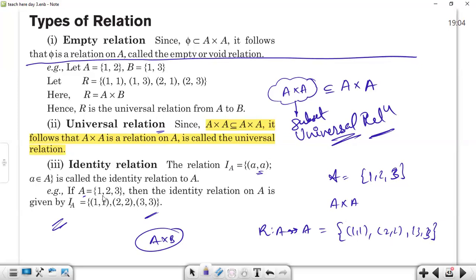My point is, whichever element was there in the given set is just repeated, and these are the only elements in the relation, then the relation will be known as an identity relation. It's repeating its own identity. That's why. Clear? Any doubt? No doubt, sir.